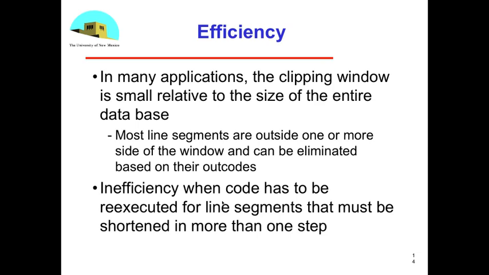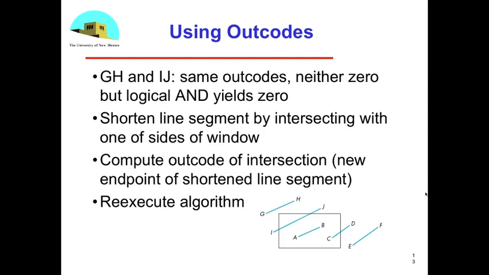Now, one of the other reasons that it's so efficient is this: if you think about having an enormous database that just consists, for now, of line segments, you generally don't ever do a display that has all of those line segments. Your window is very small compared to the size of the world and all of that geometry in it. So a very small percentage of what you have in your database is really being displayed. Most of the line segments are going to be fully on one side of the window.